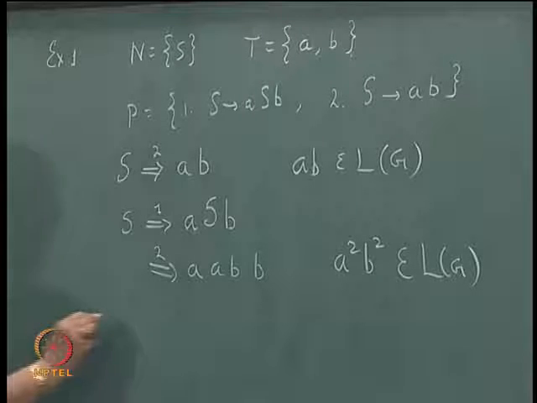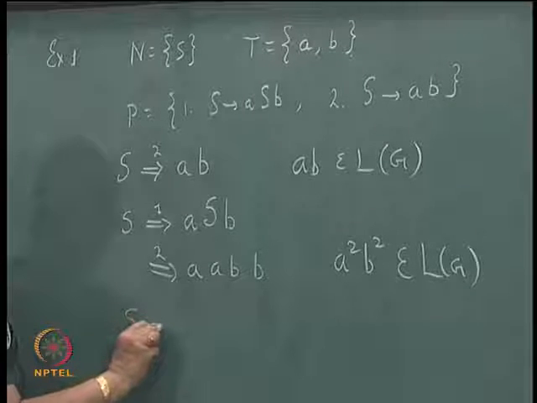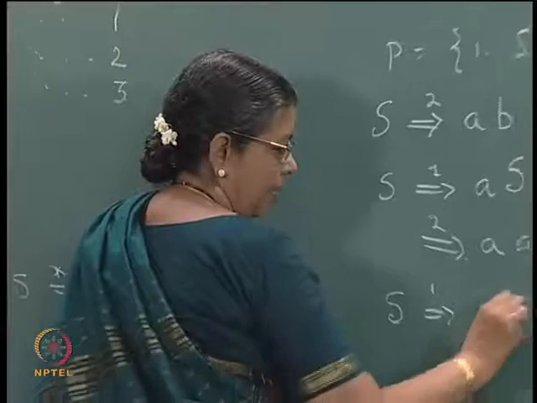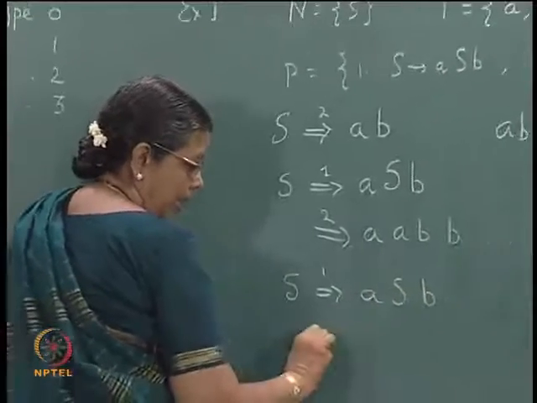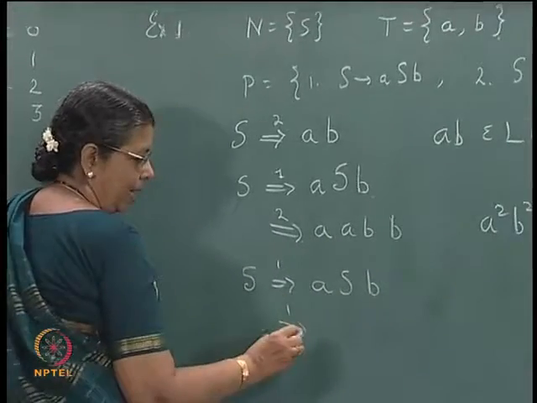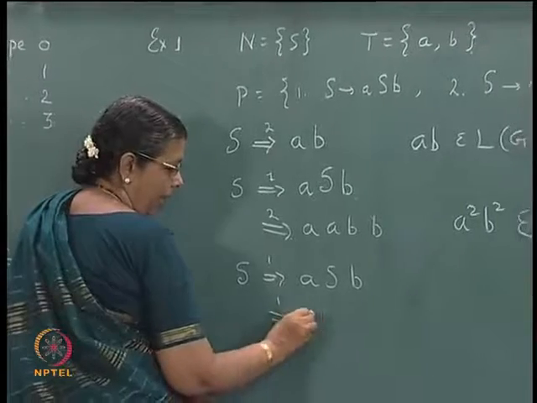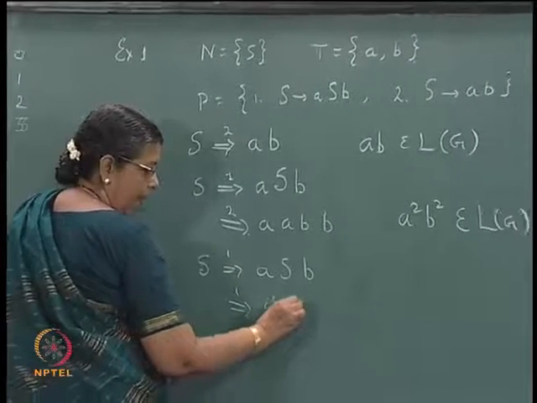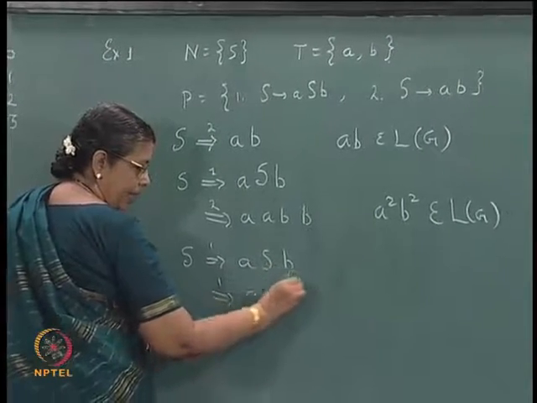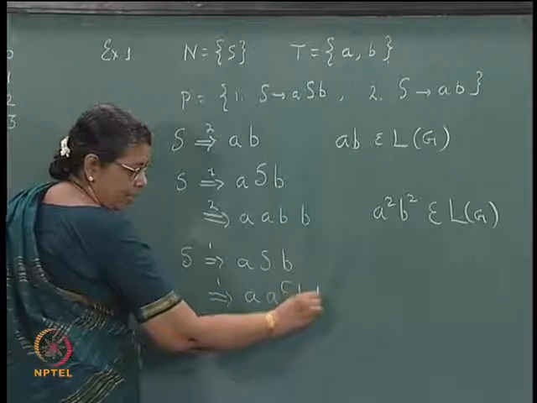And then look at this. Use rule 1 first, you get ASB. Then use rule 1 again. So you will get A, this S is replaced by ASB, then this B will come here.